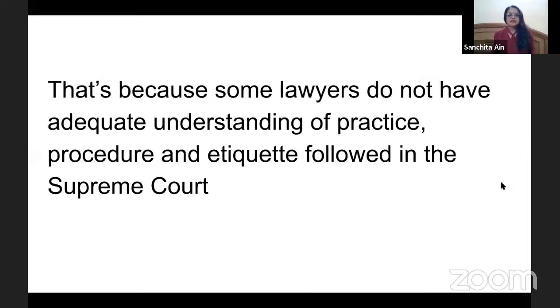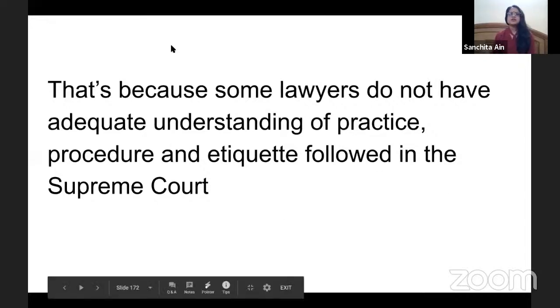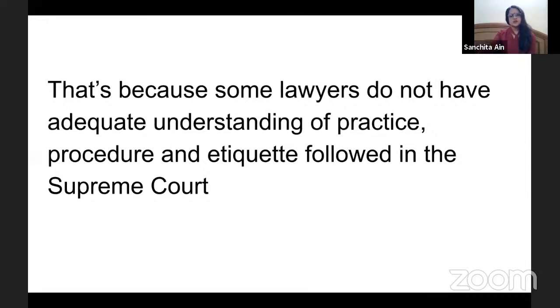So why do people say that? That's because some lawyers do not have adequate understanding of practice and procedure and etiquette when they come to argue before the Supreme Court. That's the reason. When a lawyer who does not have an adequate understanding comes to argue, the judge says, are you, and this has happened actually. So that will happen.